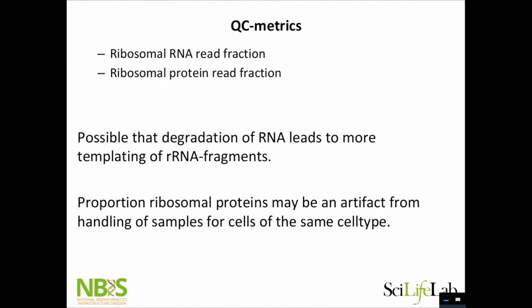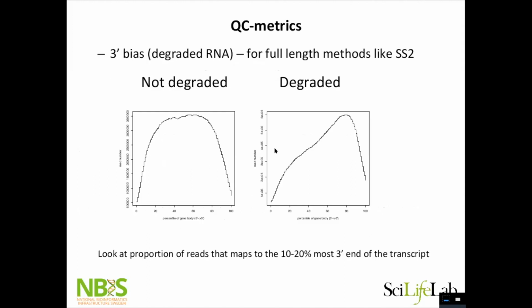And in other cases, like Jules showed this morning, it's only related to quality and the stress of the cells. So once again, it's something you have to think about in the biology of your system. But having ribosomal RNA is for sure a sign of RNA degradation, I think.